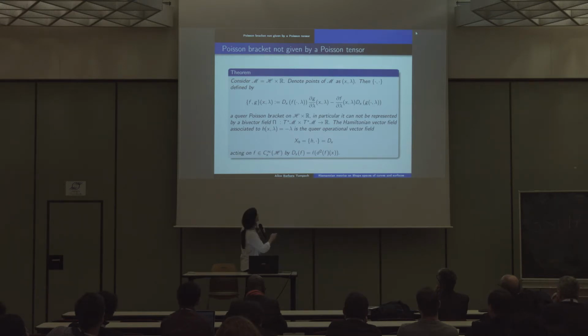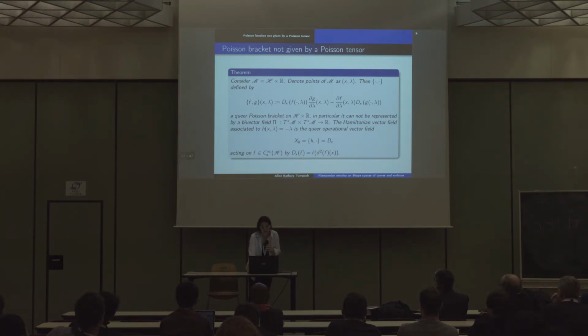So because it's a commutator of derivations that do not apply on the same variables, this gives you a Poisson bracket, which cannot be represented by vector fields.